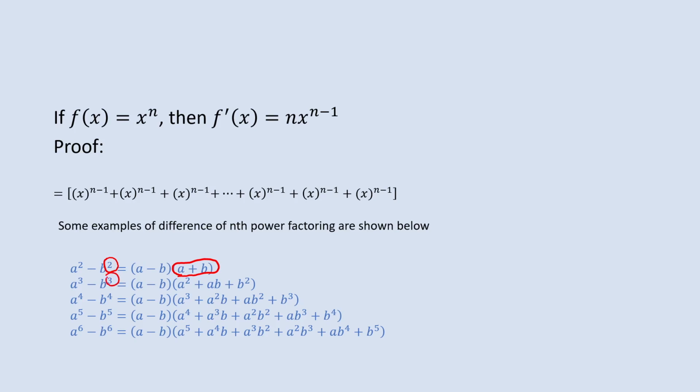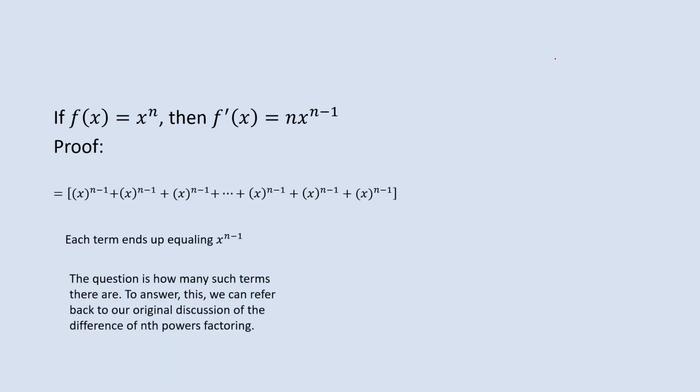When we did difference of third powers factoring, our second factor had 3 terms. When we did difference of fourth powers factoring, our second factor had 4 terms. Well, it stands to reason that when we're doing difference of nth powers factoring, our second factor is going to have n terms.